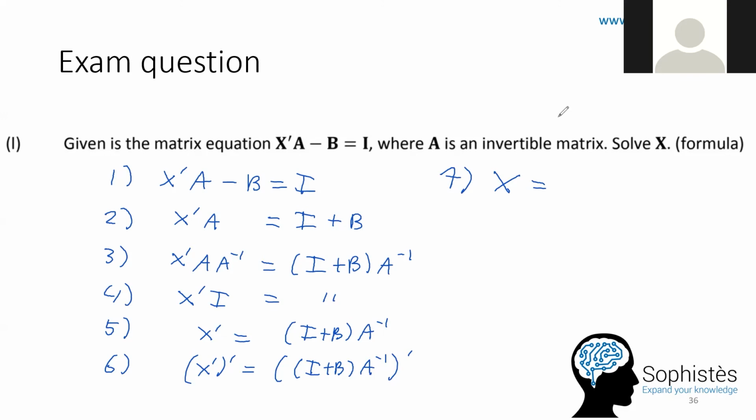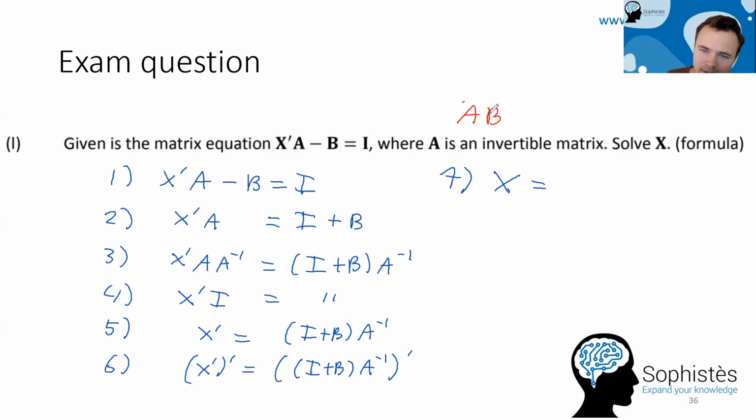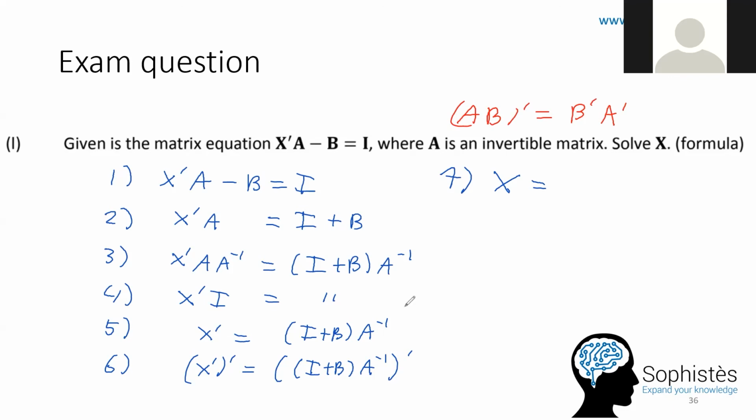Yes, no worries. What you have to do for the right side is use this rule. A times B prime becomes B prime times A prime. You agree with that, Tristan? Yeah. So this thing on the right now comes back at the left.